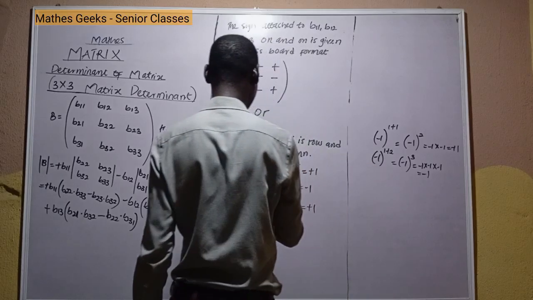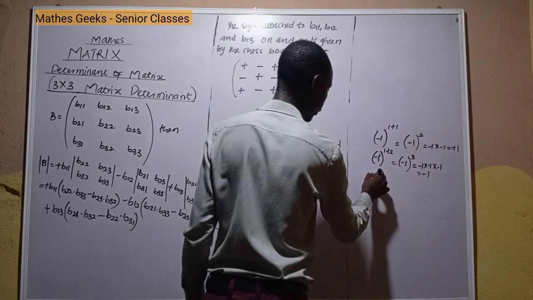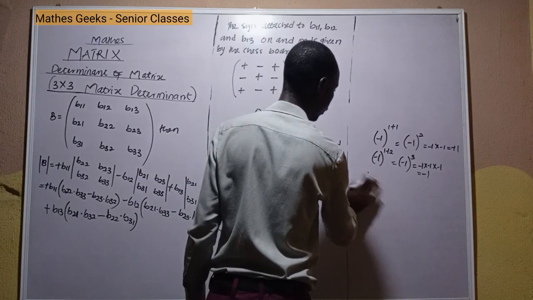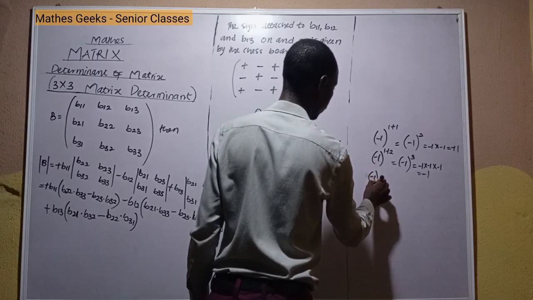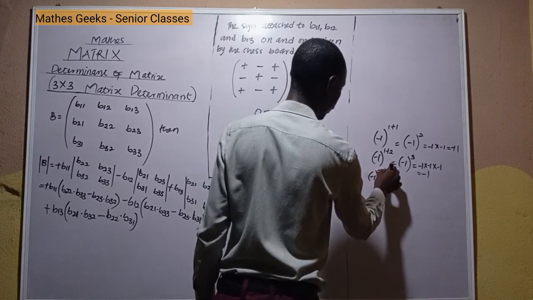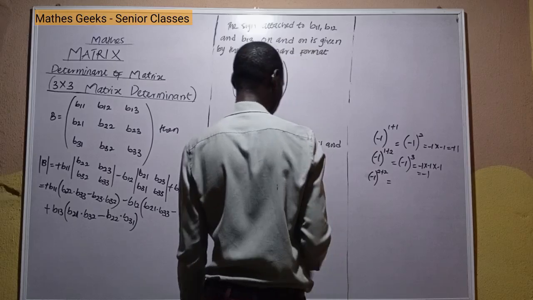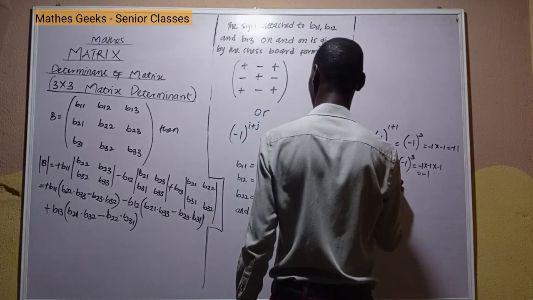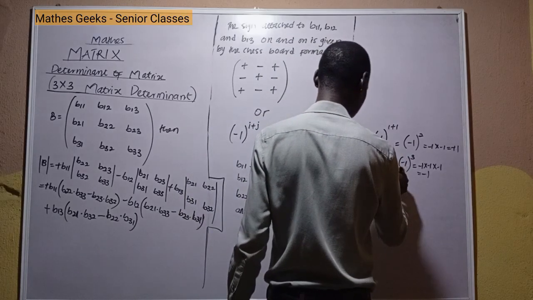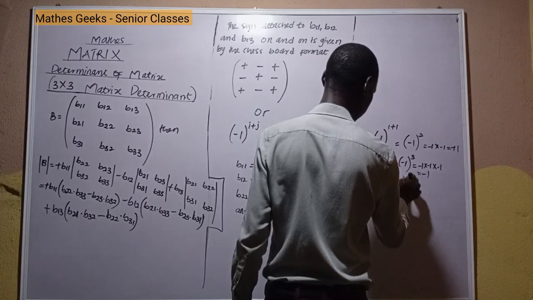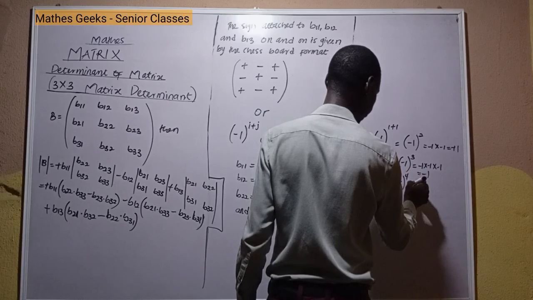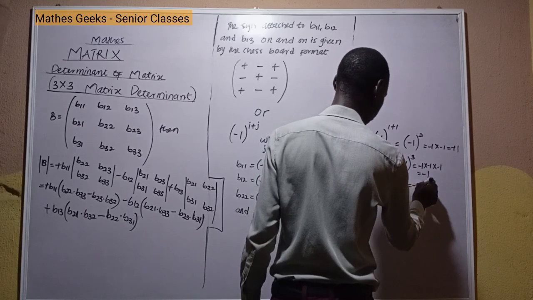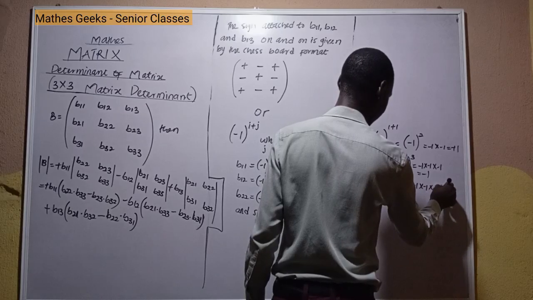Let's try B22: -1 raised to 2 plus 2. That will give us 4, so -1 to the power 4, which is -1 times -1 times -1 times -1.